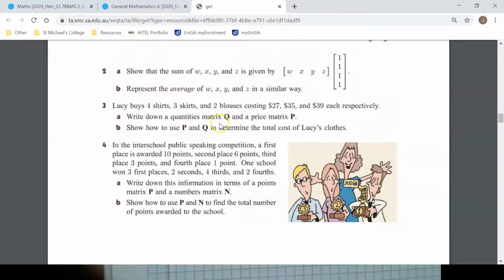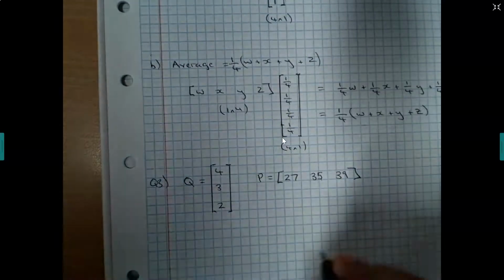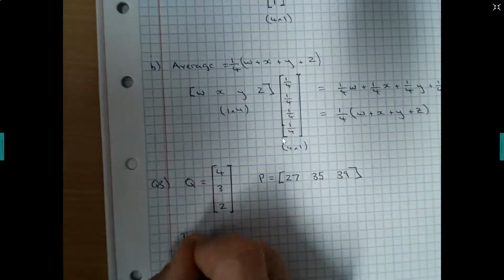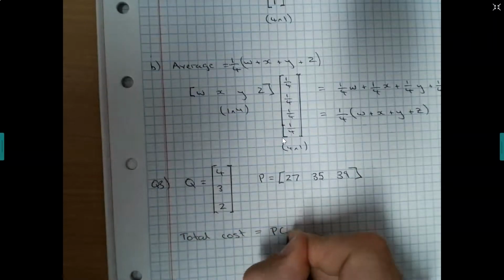So to use these matrices to determine the total cost, essentially we're going to have to multiply them, because if she bought 4 shirts at this price, if we multiply that by that, that will tell us the total cost of the shirts. Then we could do the same with the skirts and the same with the blouses, and then add all of the costs together, and that will give us the total cost. So the total cost is equal to PQ.